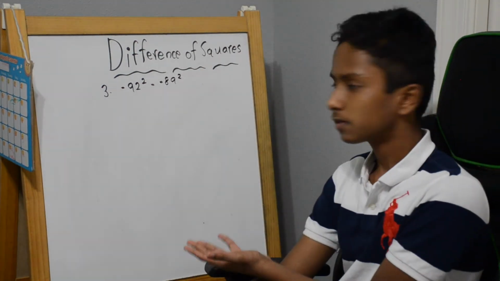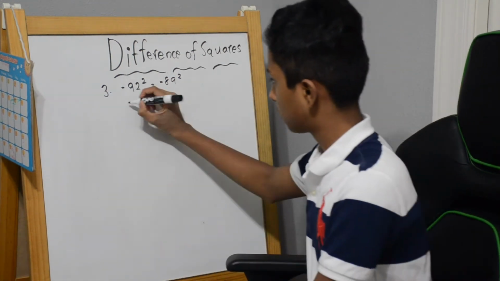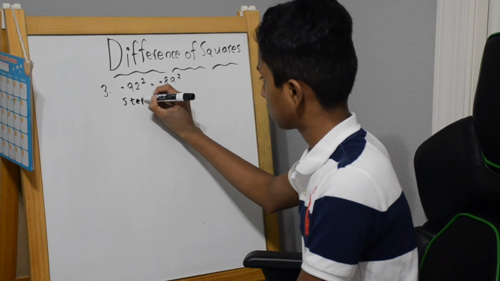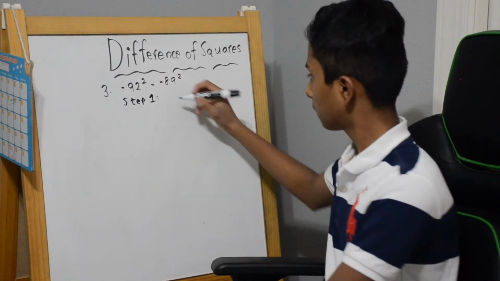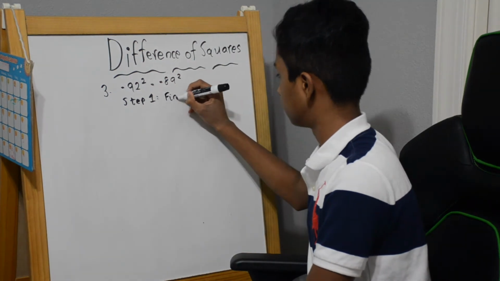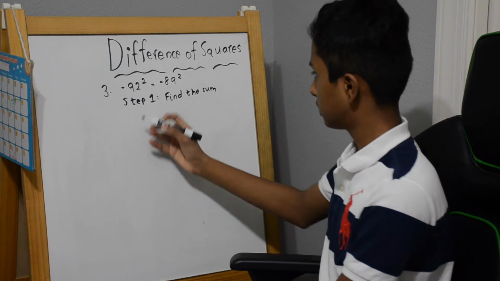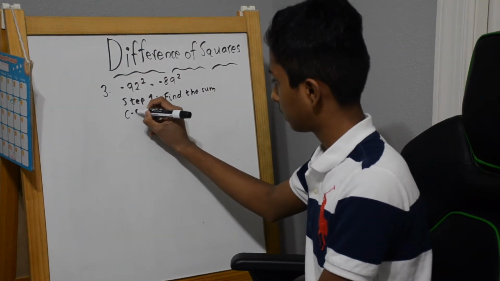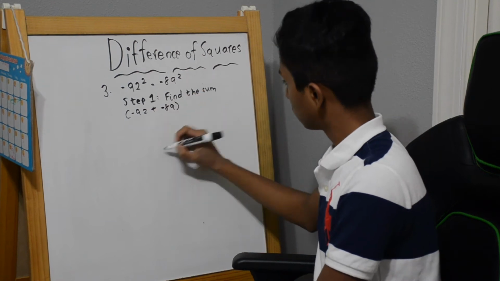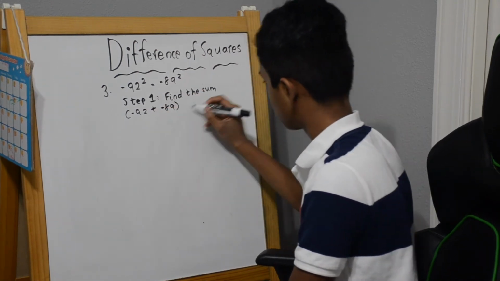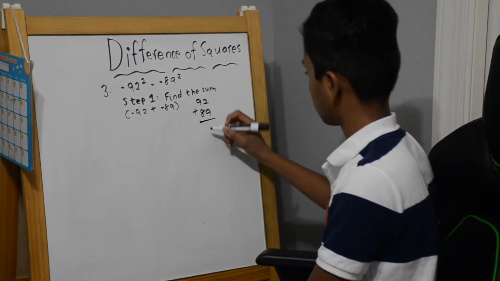Now there are negatives in the question. How do I solve the problem? Well, just follow that same 3-step process like you did with the regular numbers. Step 1 is to find the sum, like always. The sum is negative 92 plus negative 89. What is that? We can say 92 and 89 like this, and add them.